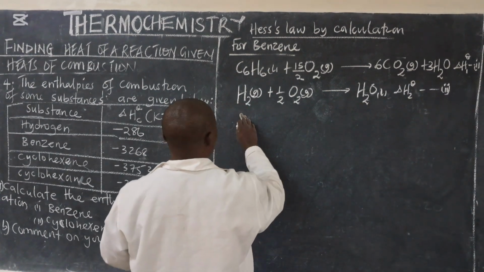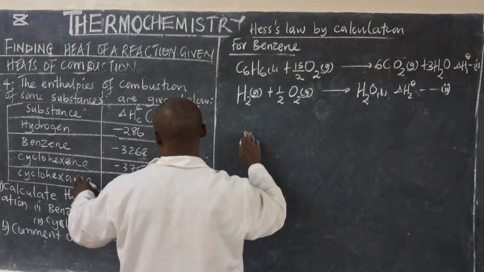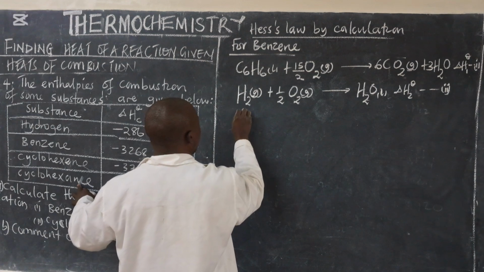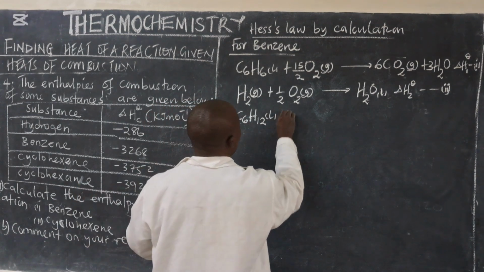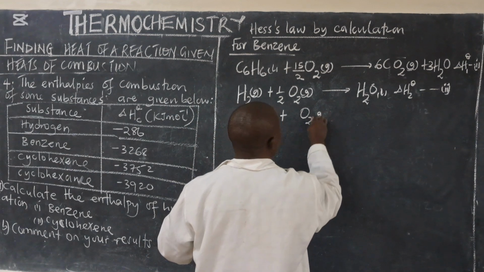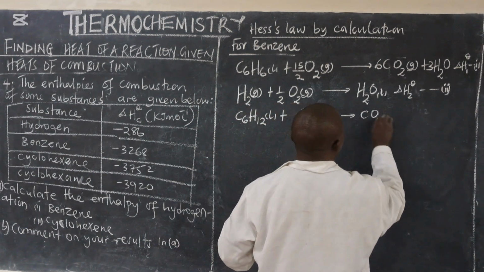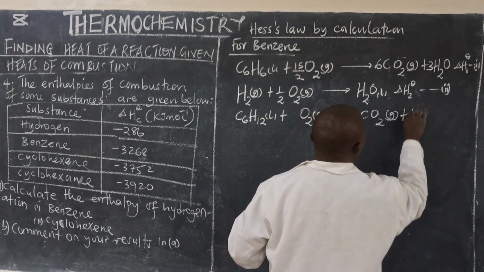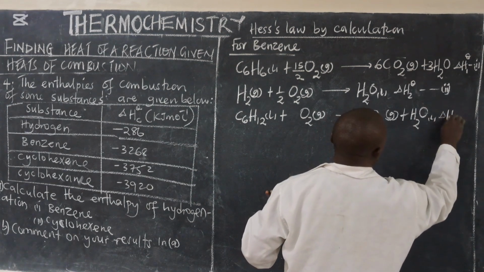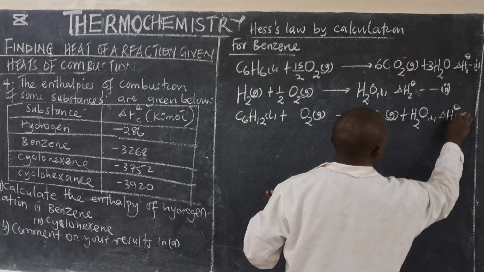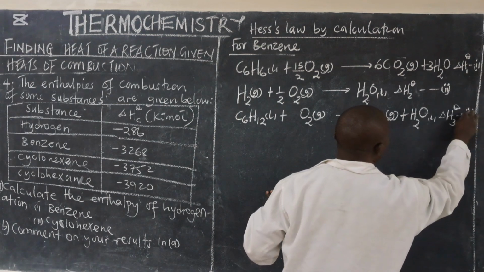So let's write for combustion of cyclohexane. So cyclohexane was C6H12. When we burn it, we also receive carbon dioxide plus water. So we call it delta heat 3. Then we call it equation 3 here.